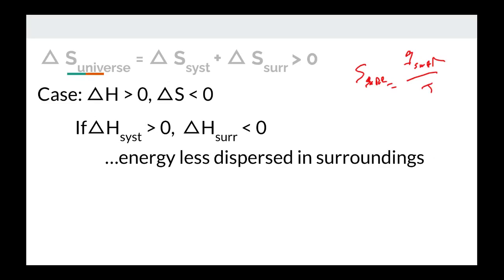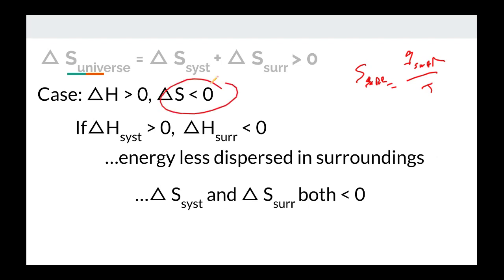Energy is less dispersed in the surroundings because of that. So delta S for the surroundings is negative, and delta S for the system we already saw was negative. With both of these values being negative, their sum is not going to be greater than 0. So in this case, the reaction will never be spontaneous.